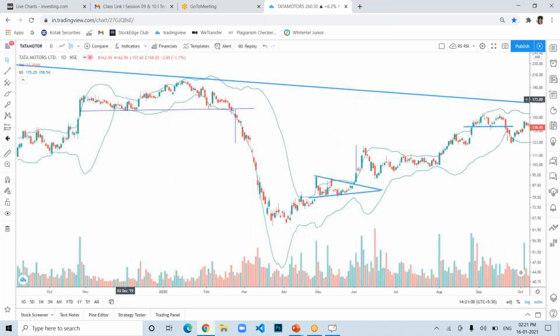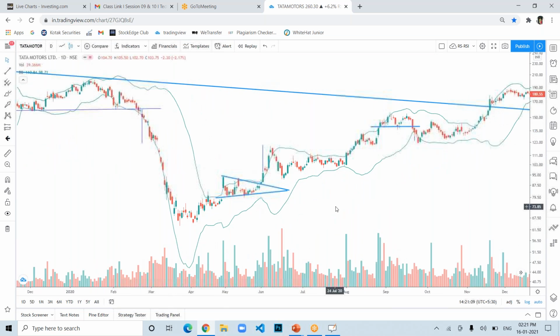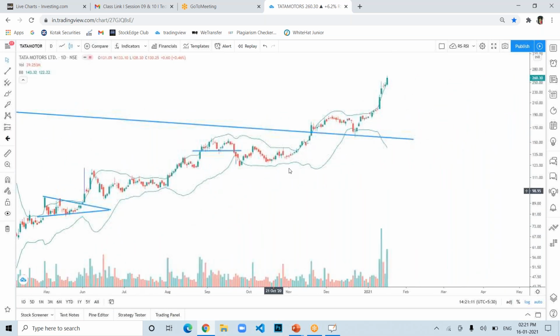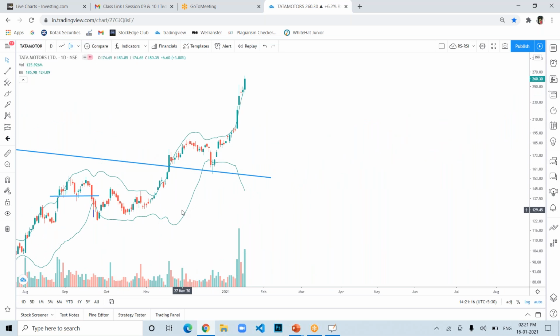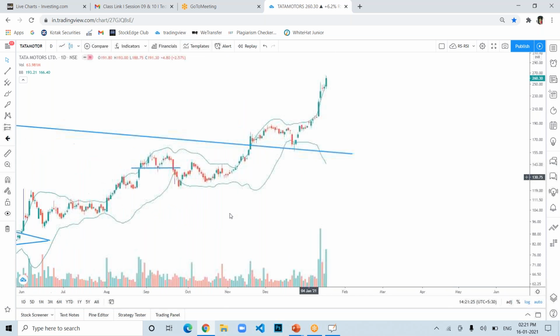Look at the width, how wide or how narrow the particular band is. Can you see? Right, so the volatility is increasing or decreasing in a particular stock. Now look at this case. In Tata Motors, currently the volatility is huge. It will eventually come down.